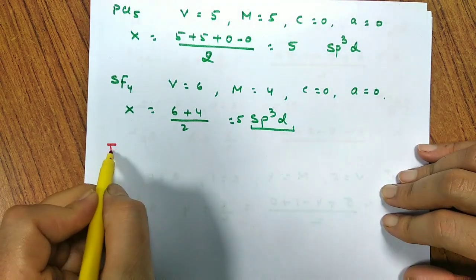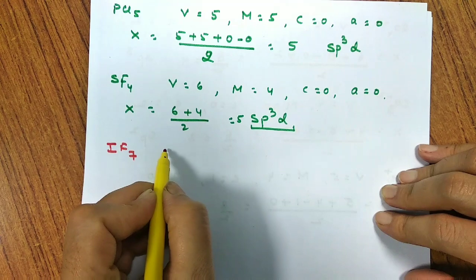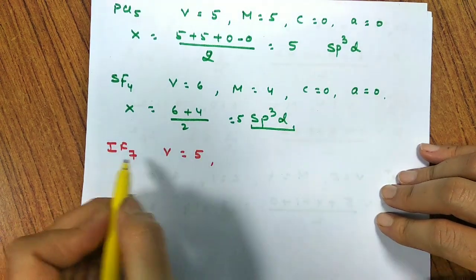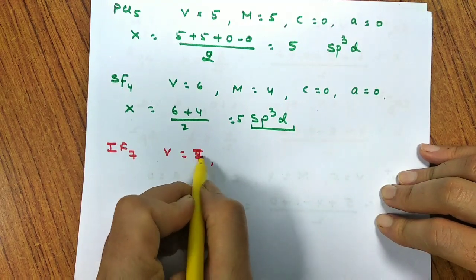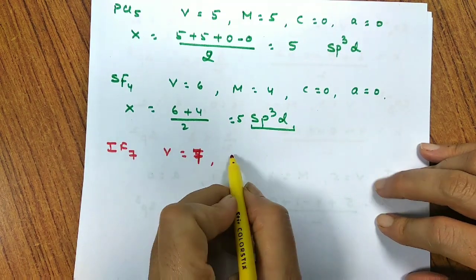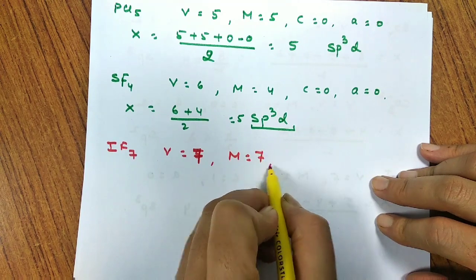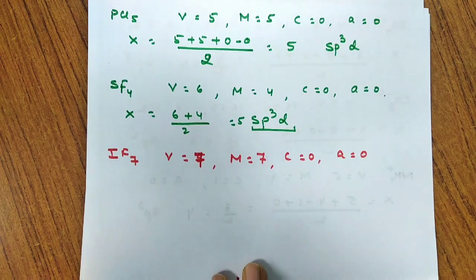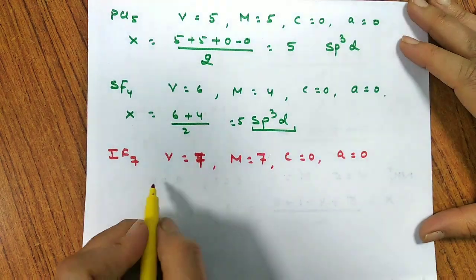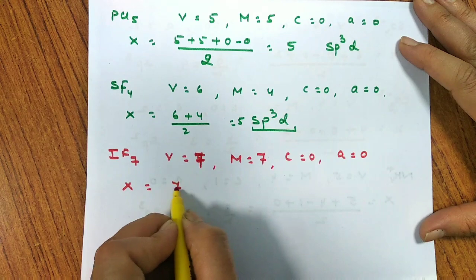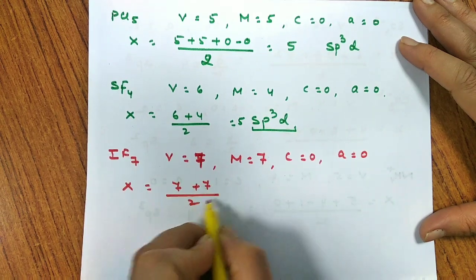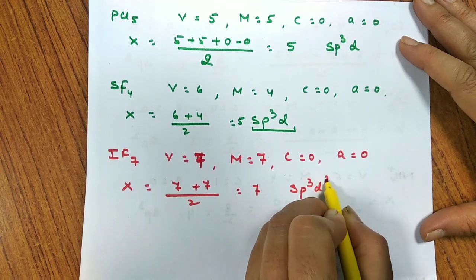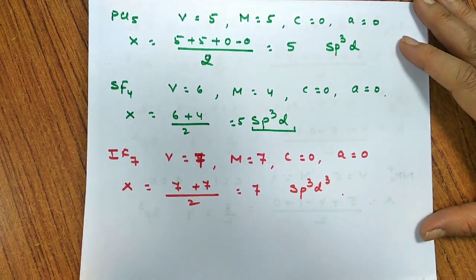Let us take another example, IF7. V is 7, halogen atom, M is 7, C 0, A 0. There are 7 valence electrons. Now X comes out to be 7 plus 7 divided by 2, that means 7, and thus the hybrid state would be sp3d3.